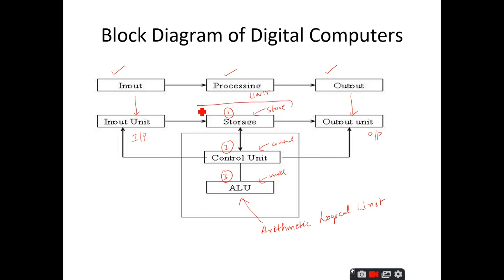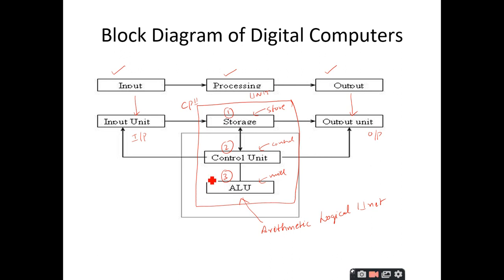The entire storage, the control unit and the arithmetic and logical unit, we can call with a simple name, the CPU, Central Processing Unit, which consists of these three parts. Clear?